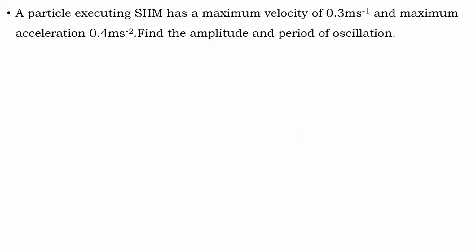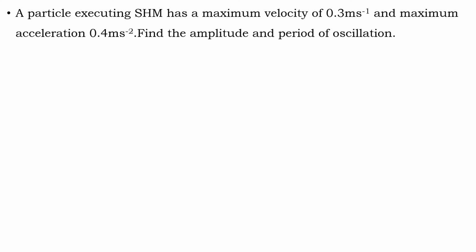Next problem. A particle executing a simple harmonic motion has a velocity of 0.3 meter per second and a maximum acceleration of 0.4 meter per second square. Find the amplitude and period of oscillation.